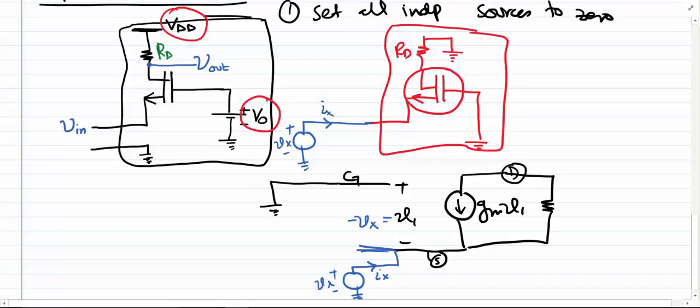And if I apply a KCL at this node, what I'll get is that the current that is entering into the node is Ix plus gm V1. Now that V1 is minus Vx, so it's going to be minus gm Vx is equal to 0.